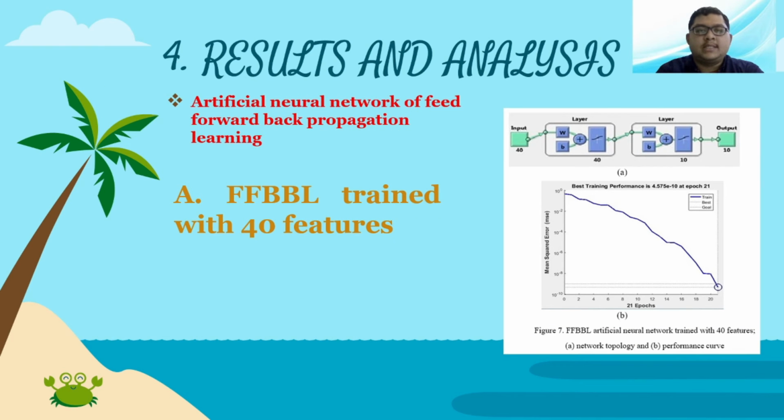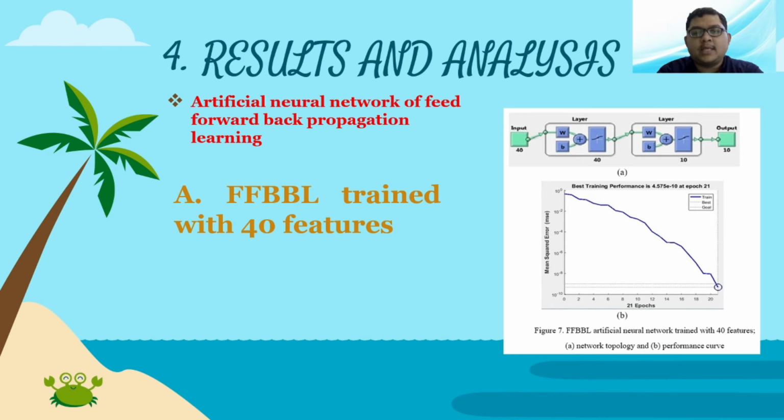4. Results and analysis. Artificial neural network of feed-forward backpropagation learning. A. FFBBL training with 40 features. The input layer in this network has 40 nodes and the output layer has 10 nodes. Figure 7a illustrates the topology of this network.